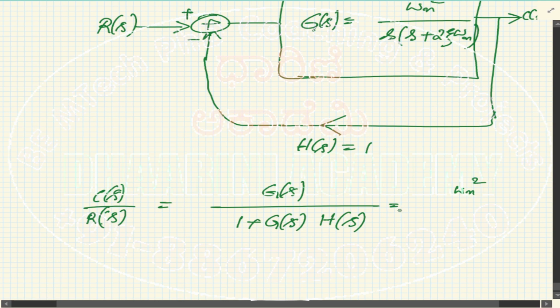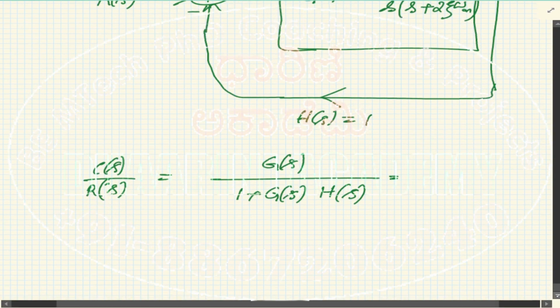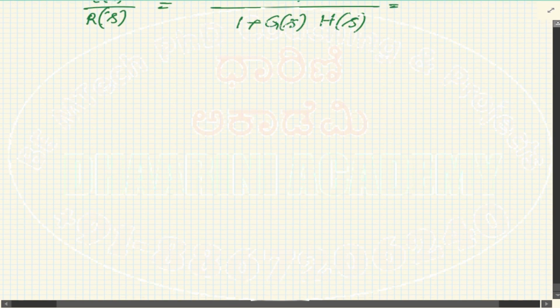No, I think that one should get multiplied with the s into s plus 2 zeta omega n, right? When you make the common denominator in the denominator. So when you substitute, what happens? Just substitute first. So let's substitute now.